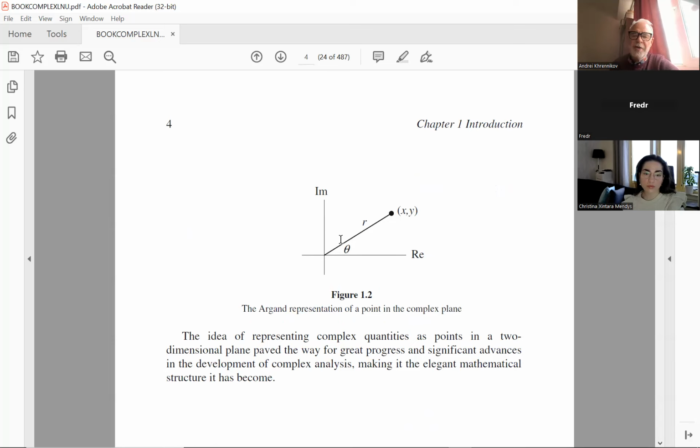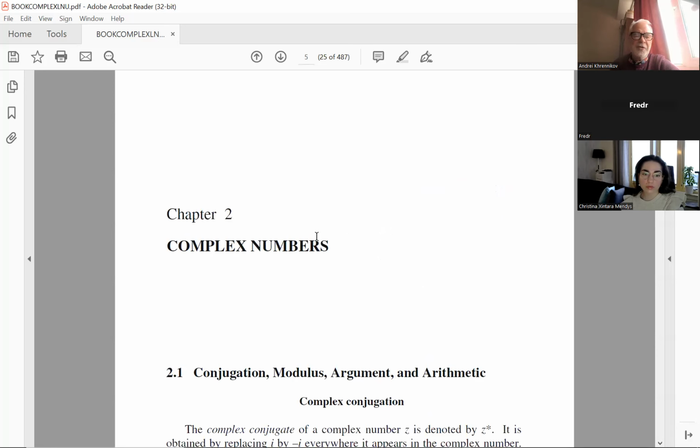The radius is the square root of x squared plus y squared. It's called the absolute value or module of the complex number, and theta, which is measured from the real axis in the anti-clockwise direction, is called the argument.